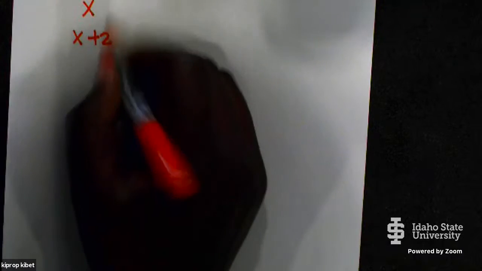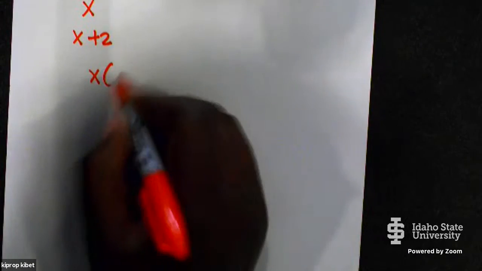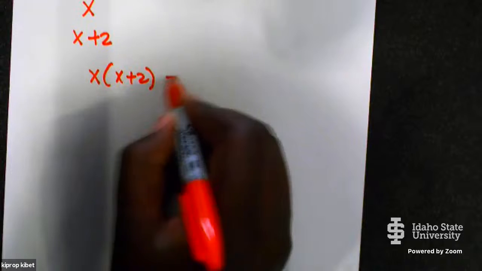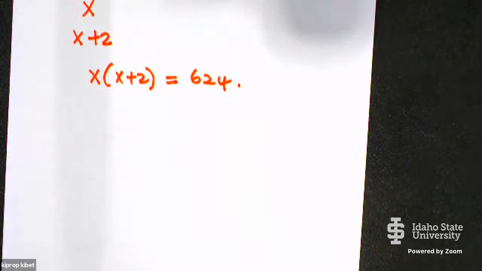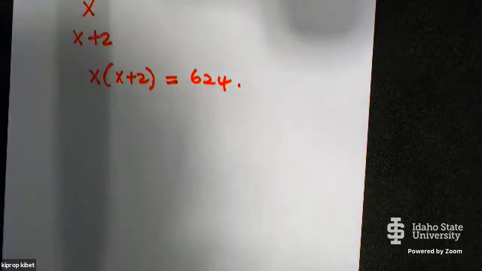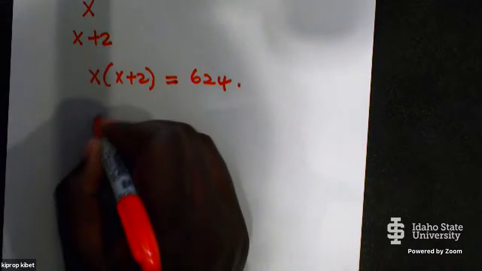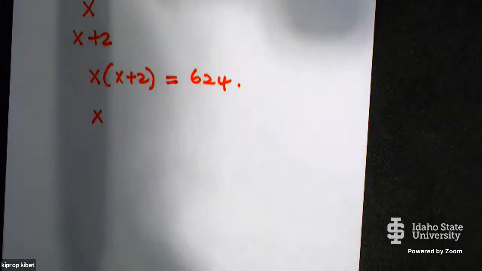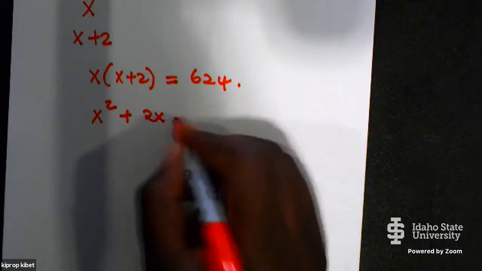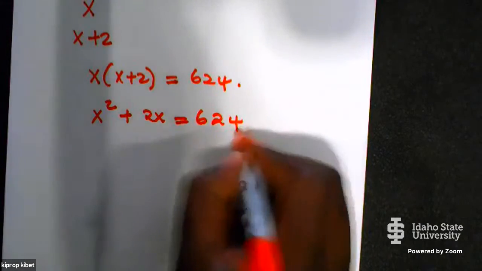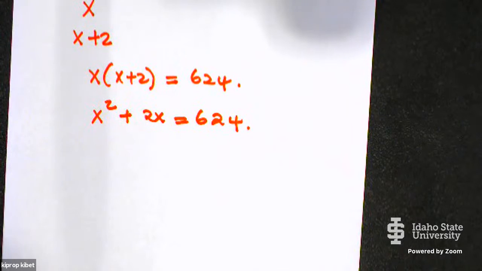The product of the two of them is x times x plus 2 equals 624. So when you open the bracket, it will be x squared plus 2x equals 624.